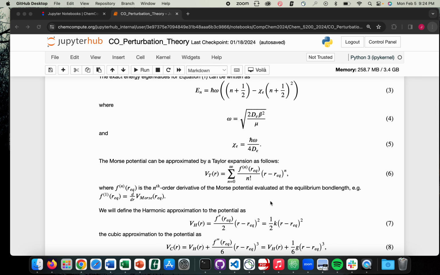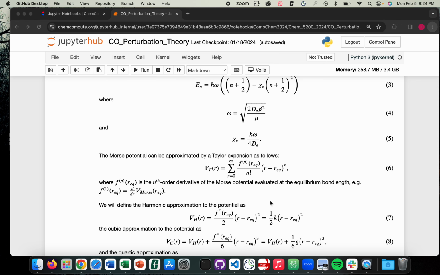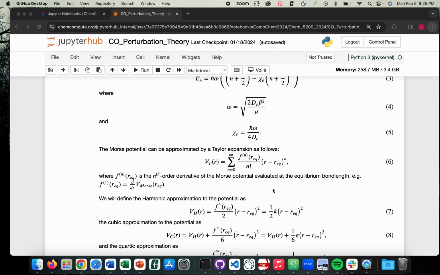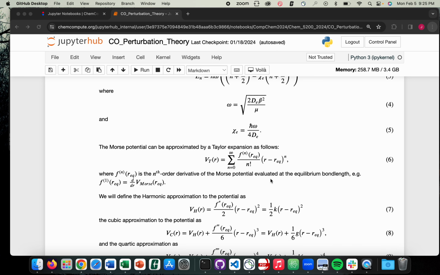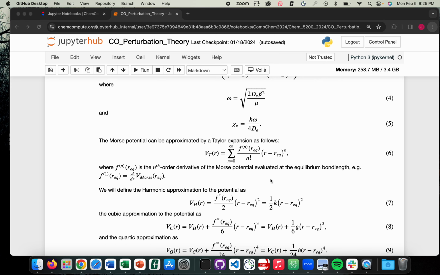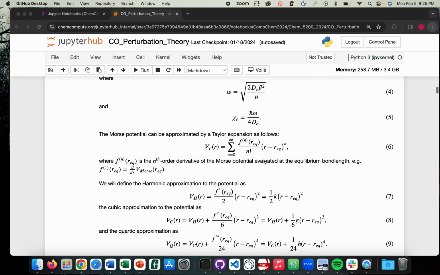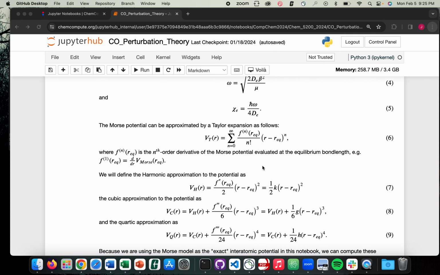Okay, so we have that Morse oscillator model, and it's a nice form for the potential that gives you an analytic solution. But we remarked that oftentimes what we're actually going to do is sample the potential through some sort of quantum chemistry technique. And there it can be really helpful to think about defining some kind of Taylor expansion for our potential, where I have successive orders of the displacement from equilibrium.